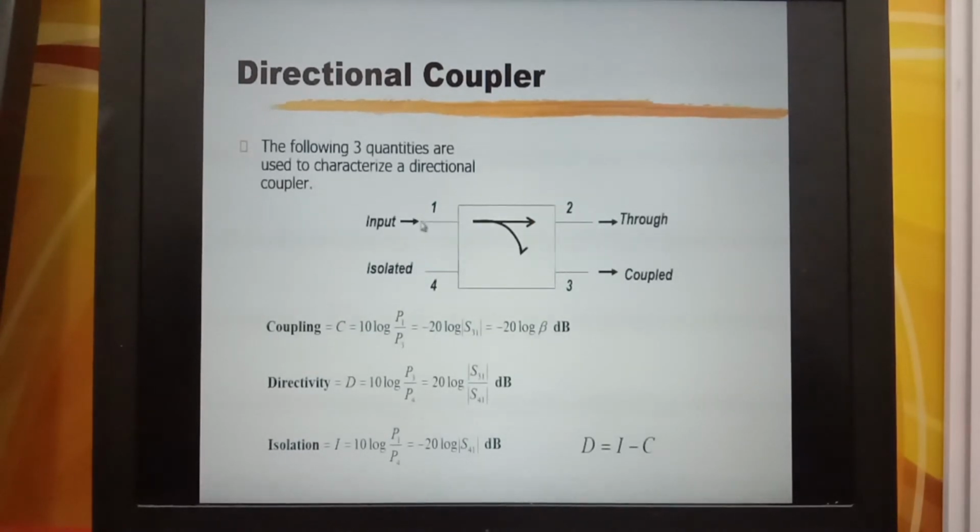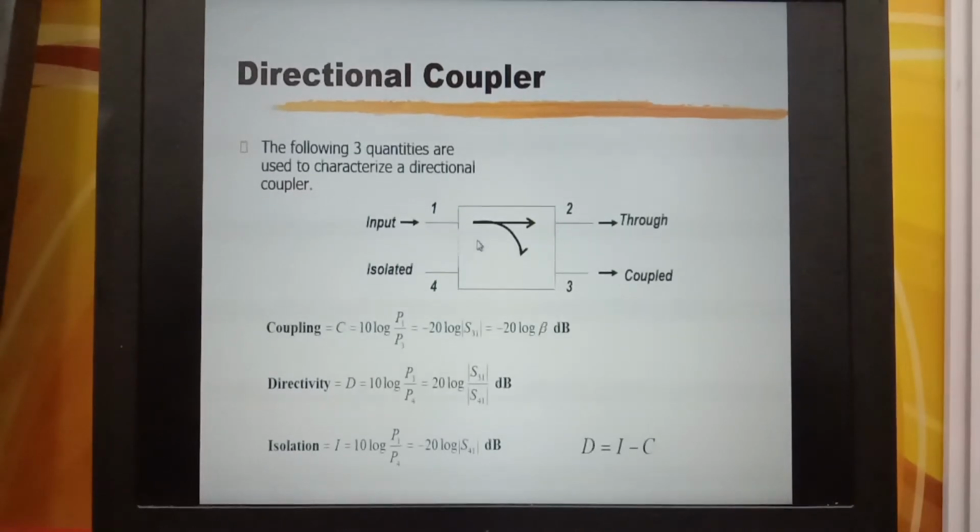A fraction of the input power is coupled to port 3. So port 3 is called the coupled output. Whereas for port 4, ideally no signal should be coupled from port 1 to port 4. That means port 4 is isolated from port 1. Therefore, it is called the isolated port.